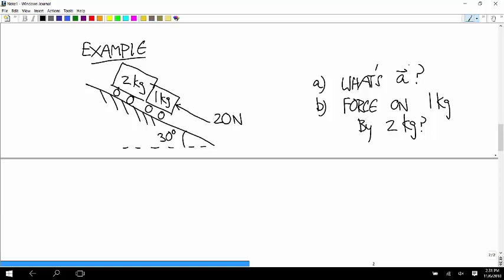And at that point, you can't solve it, which means we're going to have to isolate something else and solve it as a system of equations. It's easier if you isolate the whole thing and you can calculate the acceleration right off the bat, and then isolate something else and you already have the acceleration. So if you don't know the acceleration, the first step is pretty much always isolate the whole system and calculate the acceleration.